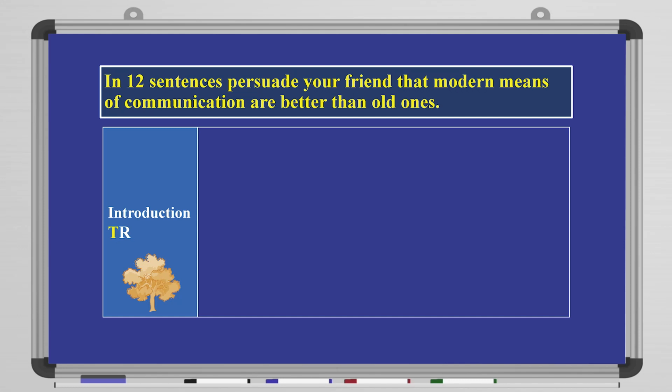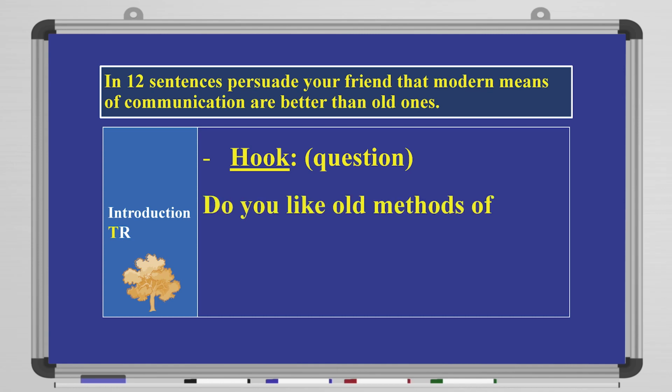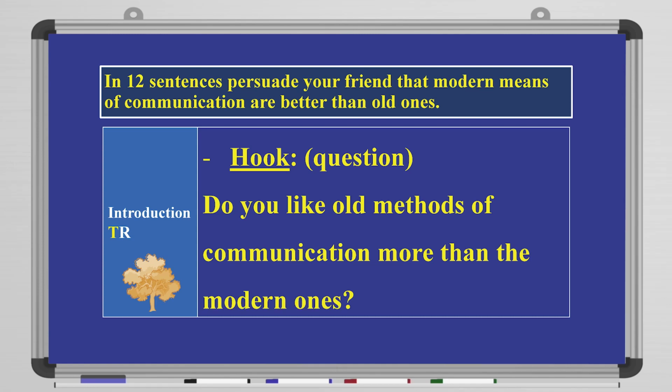Let's take a look at the outline for this question. We will start with the hook in the introduction. The hook is basically something to grab the attention of the reader. Let's raise questions and make the reader think more about the topic. This way, we'll grab their attention. Do you like old methods of communication more than the modern ones?